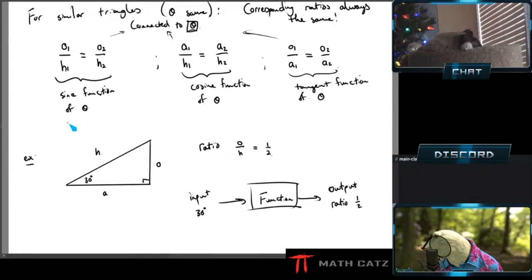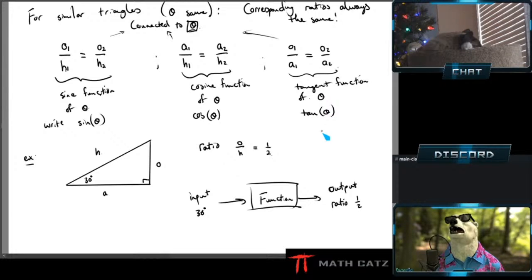So we're going to write this for short, sin, maybe in brackets. The brackets usually indicate what is the input. What should I calculate? Behind the scenes, an opposite to hypotenuse ratio. Just give me the answer. Cosine is cos of the angle, and tangent is tan, and we often just say the tan function.